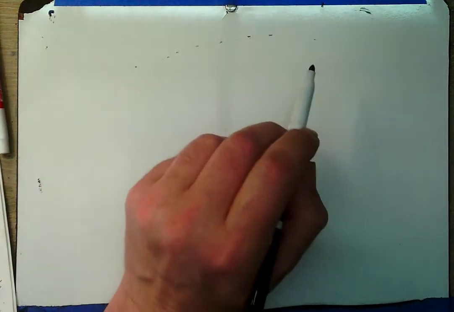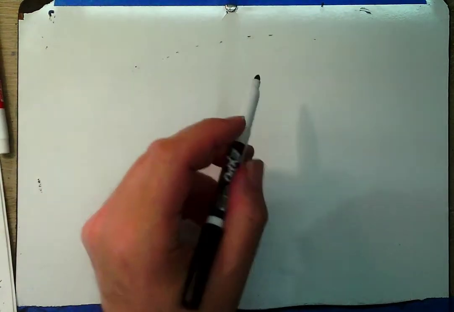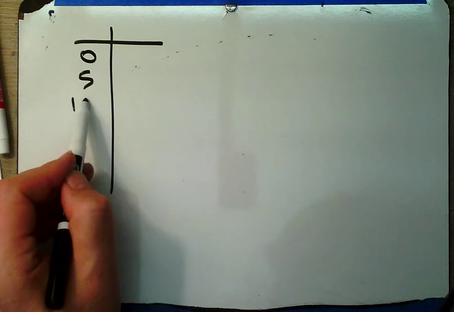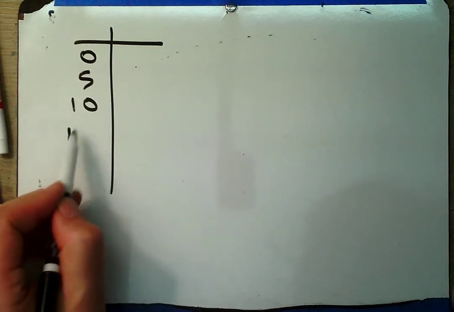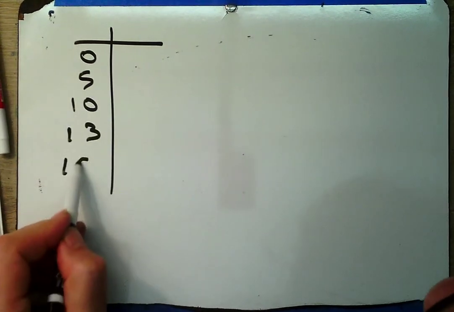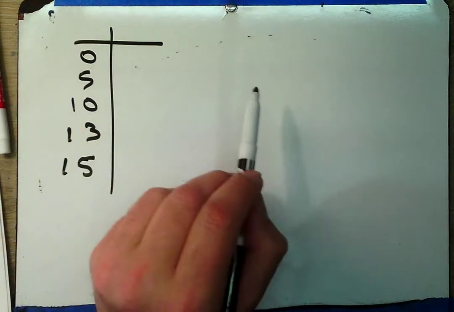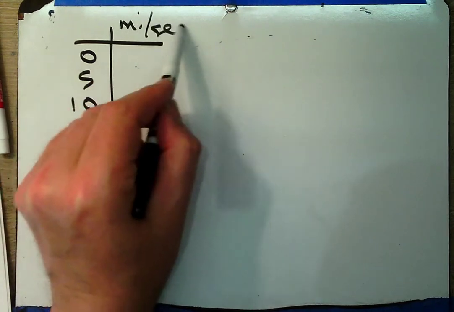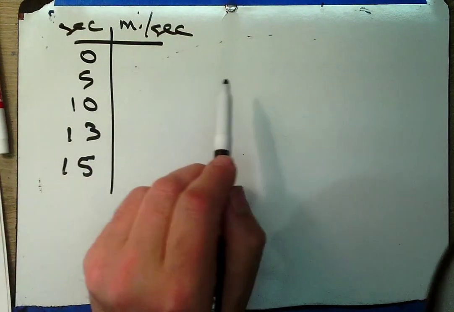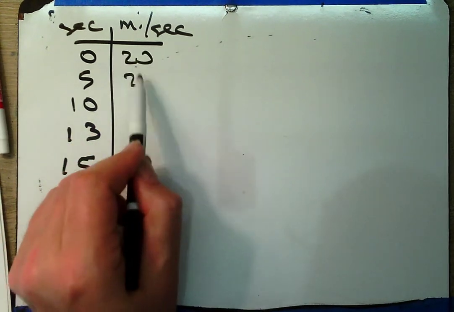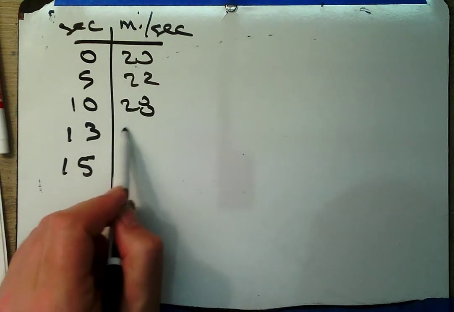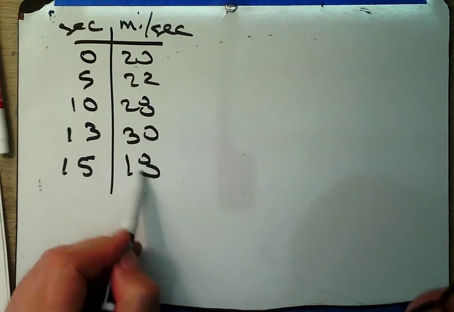So let's take a look at this one. We've got 0, 5, 10, 13, 15. And I'm looking at velocities, let's say miles per second, and these are seconds. 20, 22, 28, 30, 18.